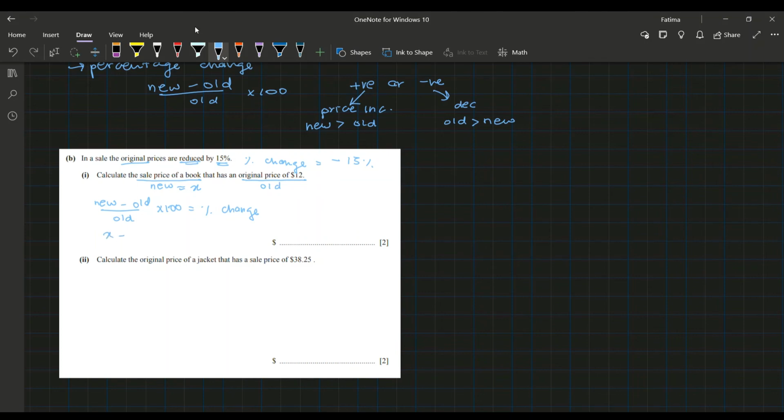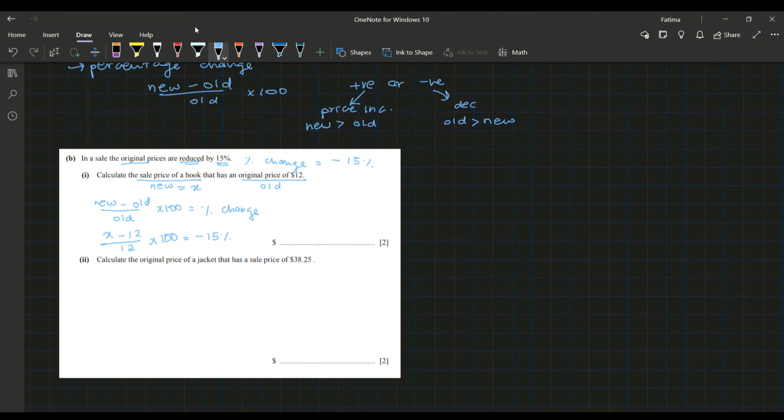So x minus 12, which is our old price, upon 12 into 100 should equal negative 15%. The reason why it's negative 15 is because the question specifically said that the prices are reduced by 15%. So our percentage change is negative.